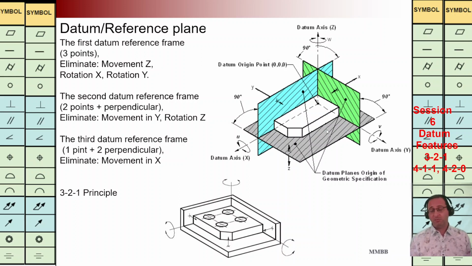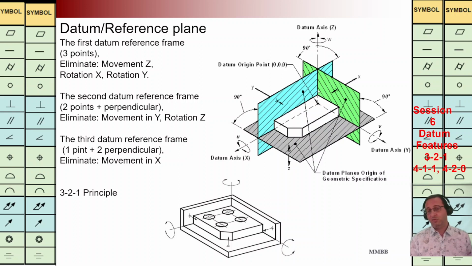What happened? It means this component cannot rotate anymore around the x-axis here, or around the y-axis. If it is going to rotate around the x-axis, it will be separated from this gray plane. It means we are going to eliminate rotation around the x and y axes. And also, it cannot move along the z-axis.